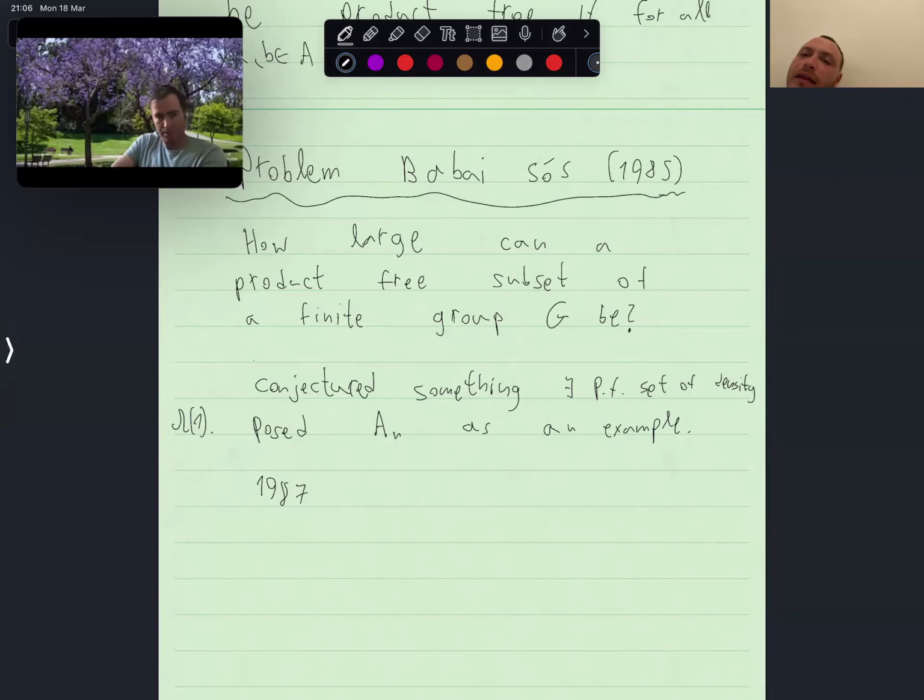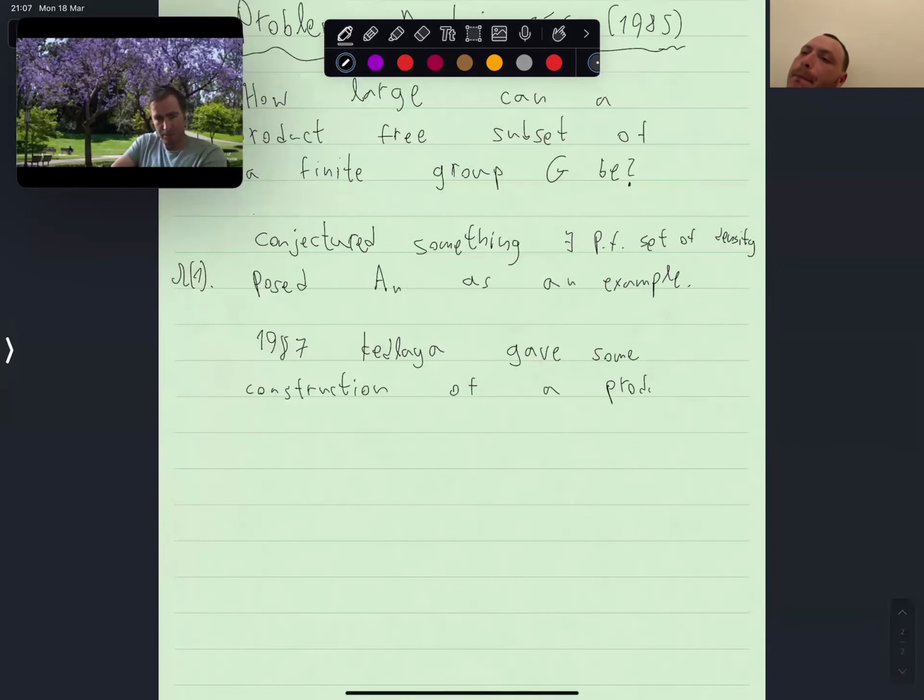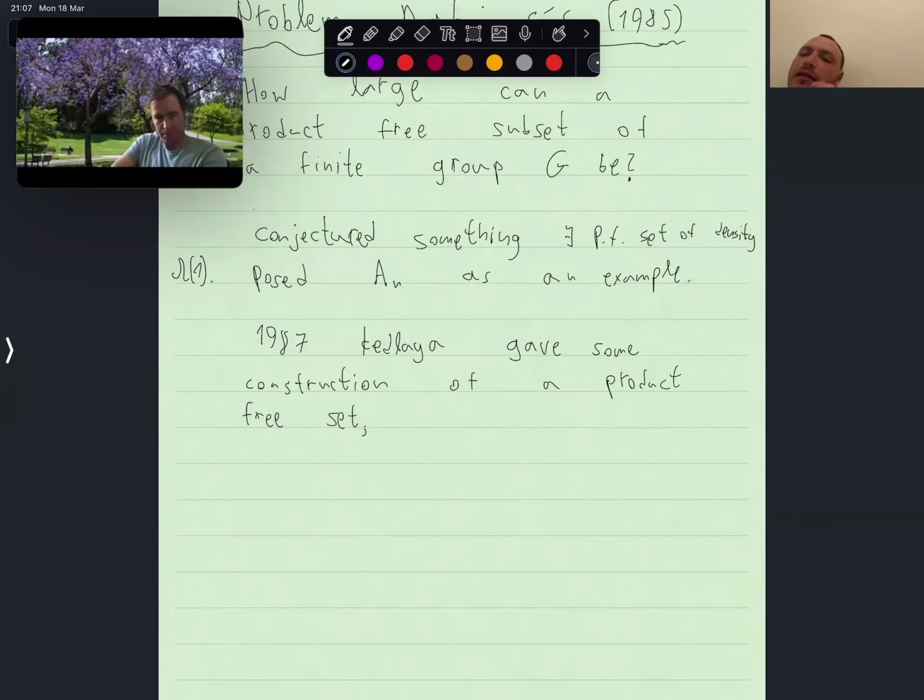And in 1987, actually, Kedlaya conjectured the opposite. He gave some construction of a product-free set, and conjectured that his construction is optimal.